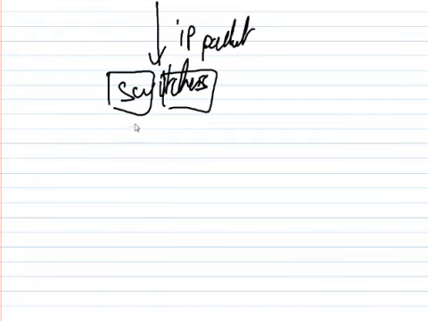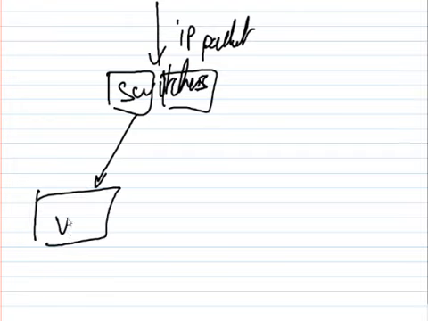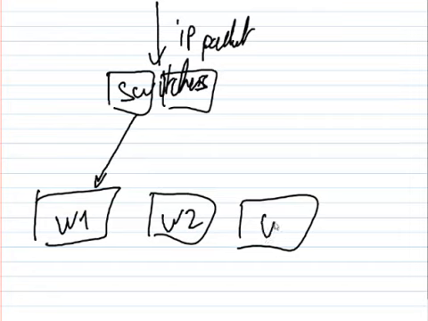The switches are configured to behave as hubs against the web farm, so they will send the same packet to each web server. So the same packet goes here, here, and here.